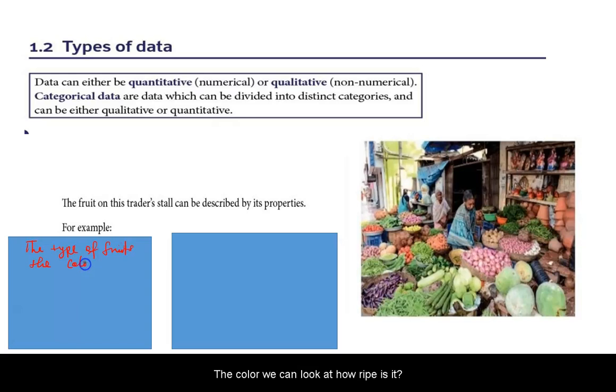We can look at how ripe it is. And these are qualitative data. They are non-numerical. These are qualitative.